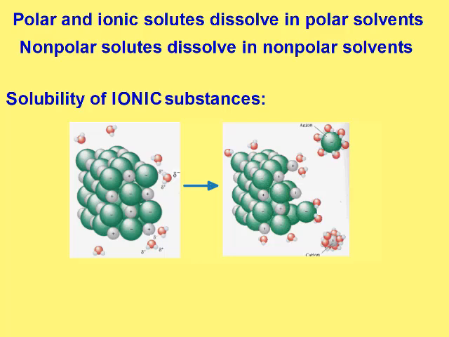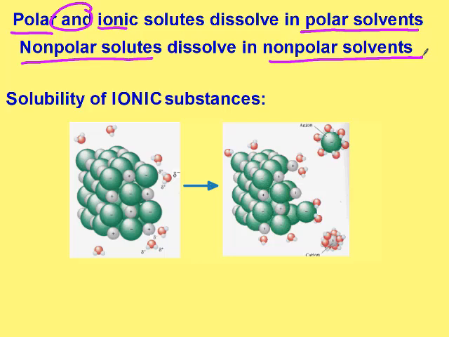Another thing that we need to look at whenever we're trying to figure out will something dissolve is its polarity. Polar and ionic solutes will dissolve in polar solvents. So if it's polar or ionic, it's going to dissolve in polar solvents generally. And nonpolar solutes dissolve in nonpolar solvents. Often you'll hear the term like dissolves like.